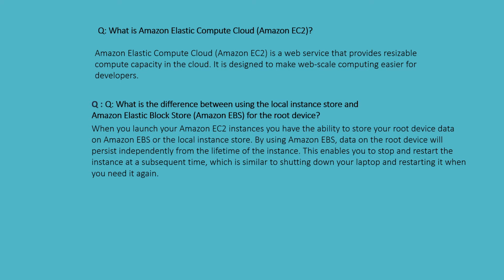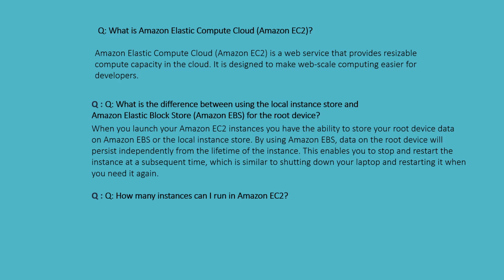By using Amazon EBS, data on the root device will persist independently from the lifetime of the instance. This enables you to start the instance at a subsequent time, which is similar to shutting down your laptop and restarting it when you need it again.